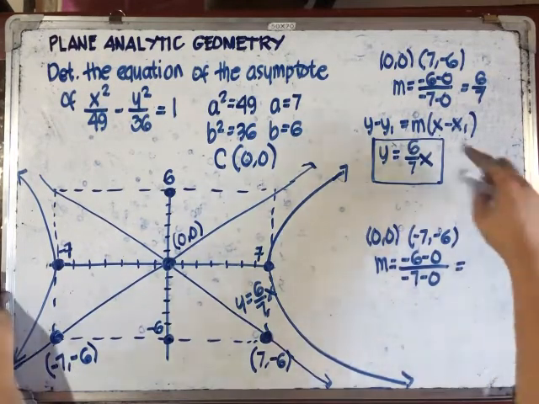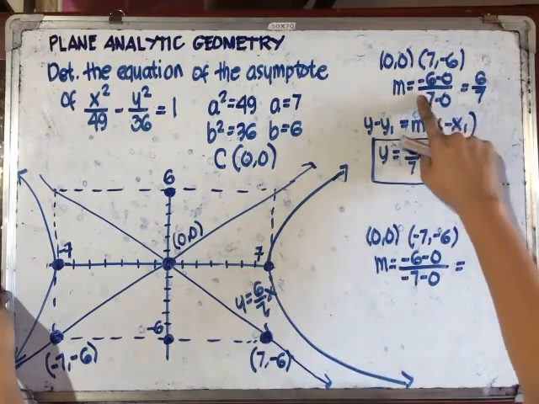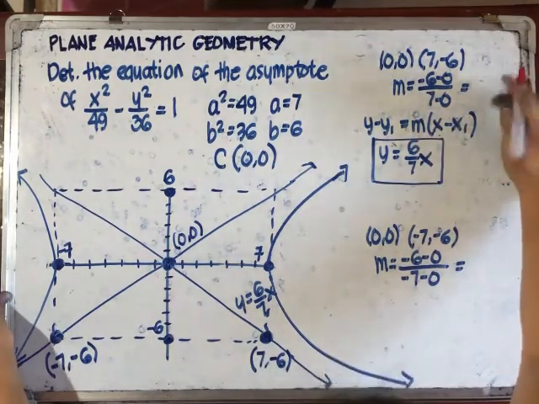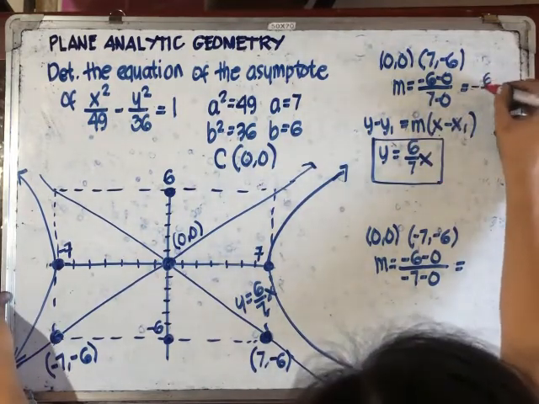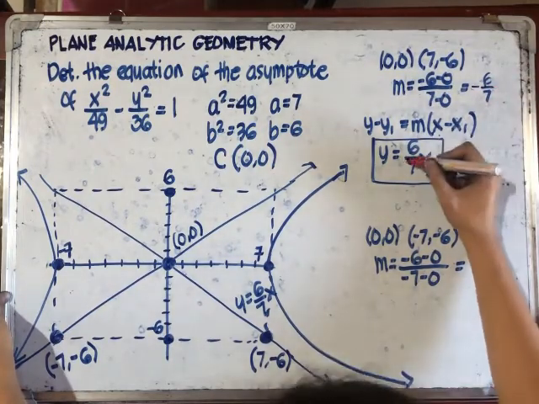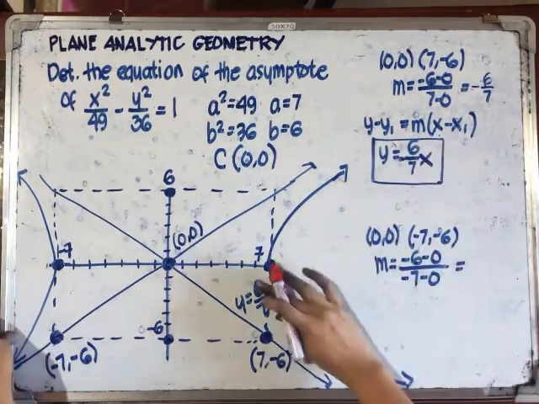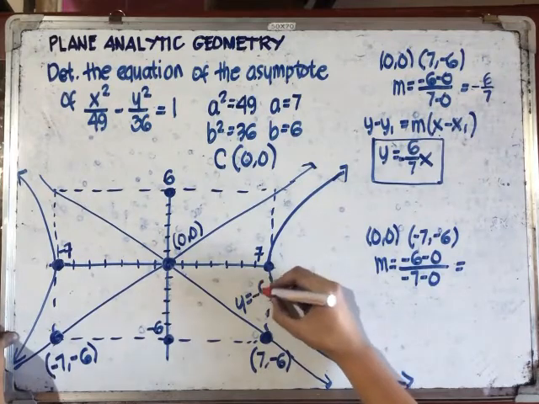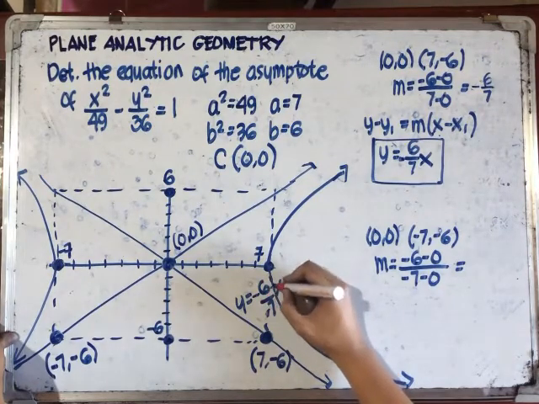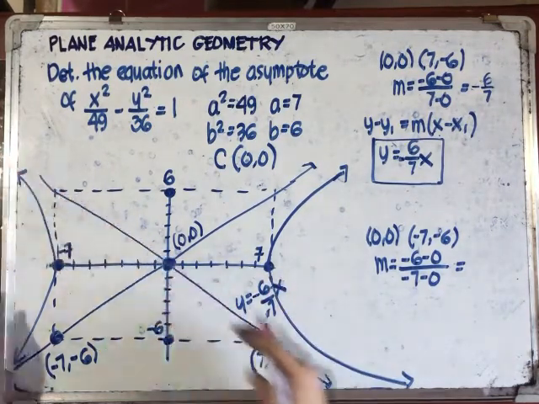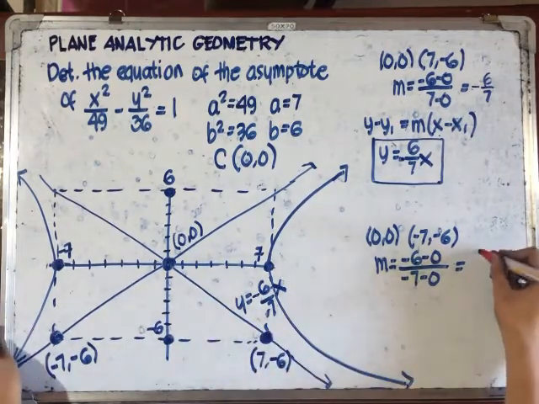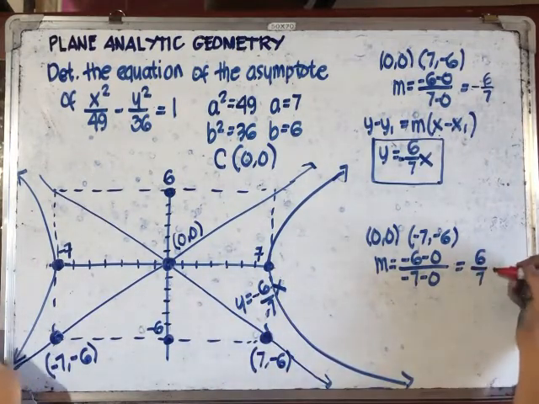Oy, sorry, kanina pala, this should be positive 7. So, the slope here should be negative 6 over 7. I'm sorry. And this should be also negative 6 over 7. Ayan. Tama, diba? Negative slope pag ganyan ang inclination niya. Ito naman is a positive 6 over 7 na slope.